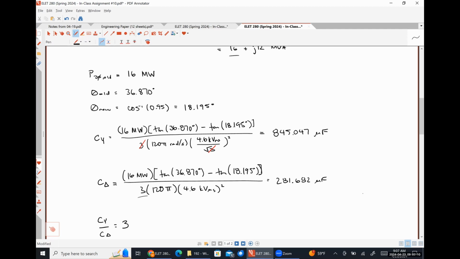All induction motors represent inductive loads. A synchronous motor could be an inductive load or a capacitive load, depending on how it's connected. But the simple connection is also an inductive load. So that's why we don't really talk about correcting capacitive loads, because it just doesn't happen.